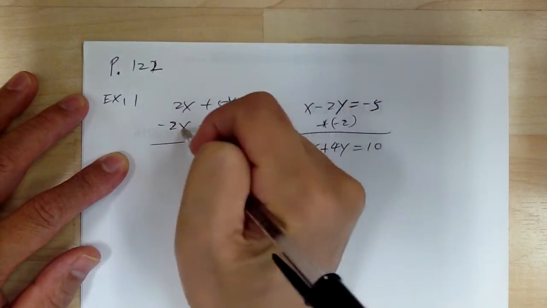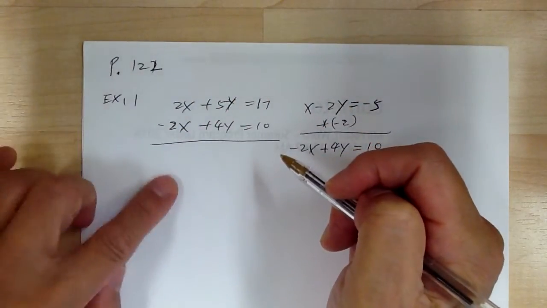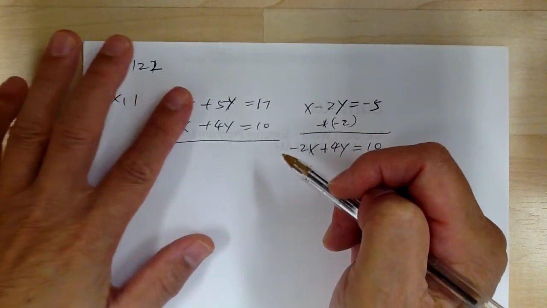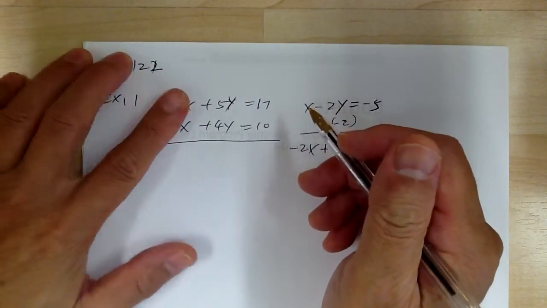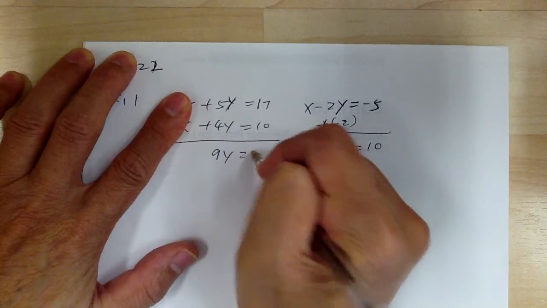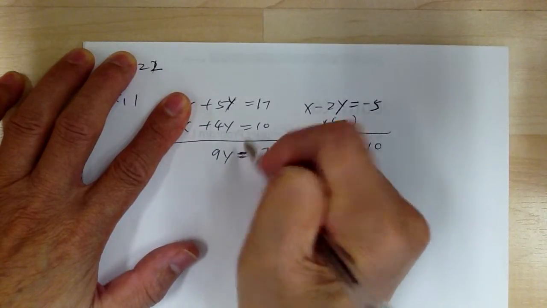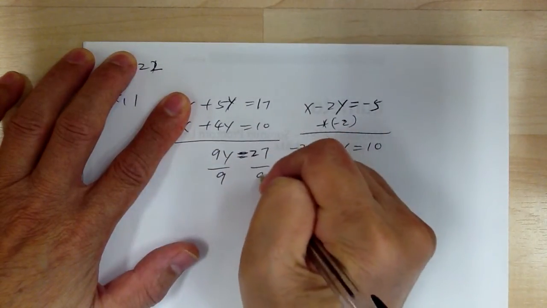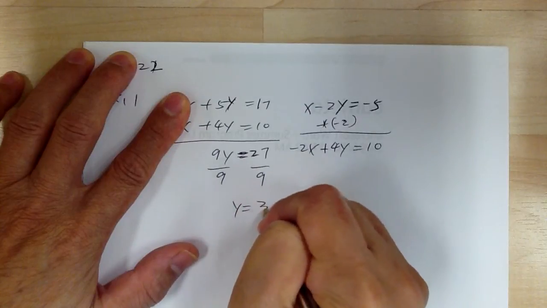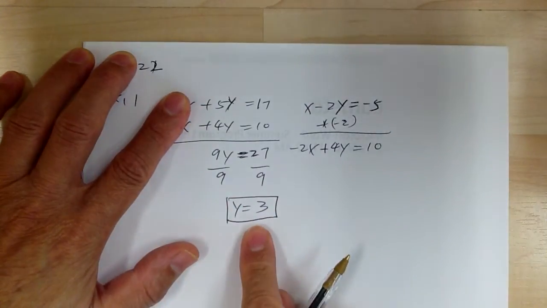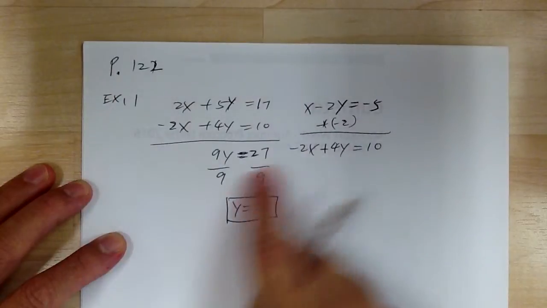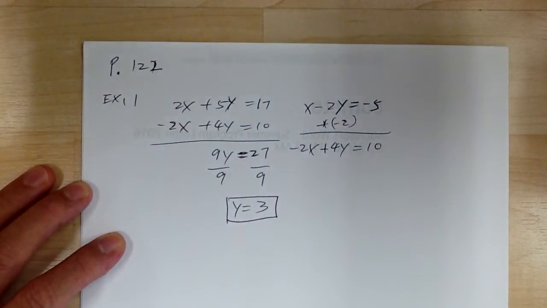And when you add, this cancels out, right? That's why it's called the elimination method. You eliminate the variable because they cancel out. So you're going to get 9y equal to 27. Then you divide by 9, so y equals 3. Once you solve for y, you can substitute into any one of the equations, so choose the easiest one.